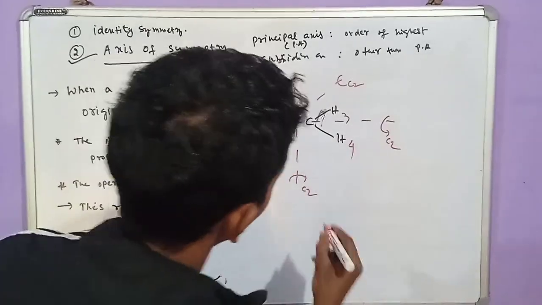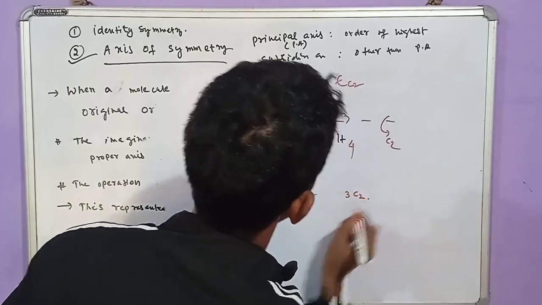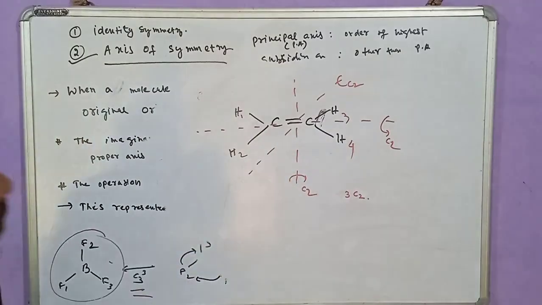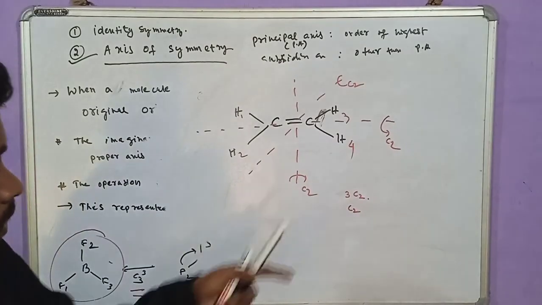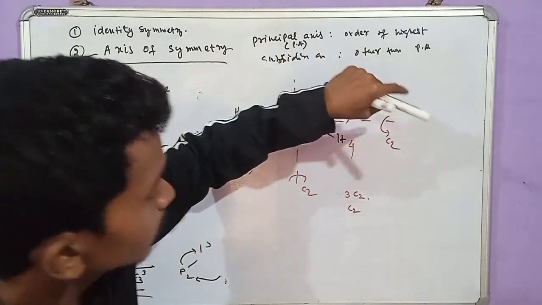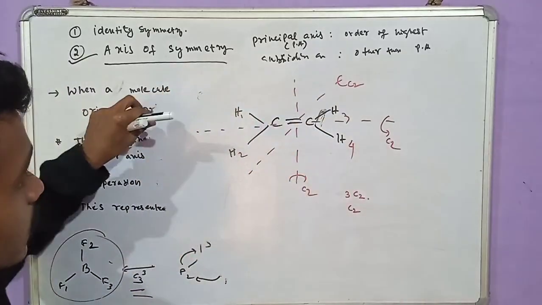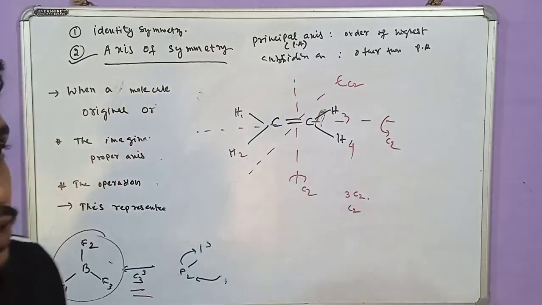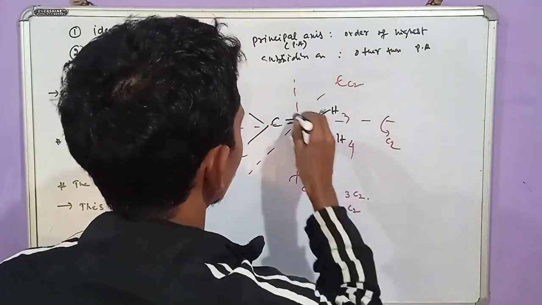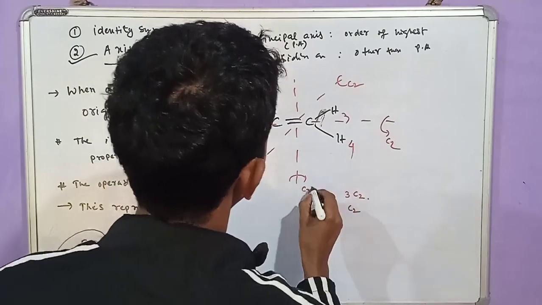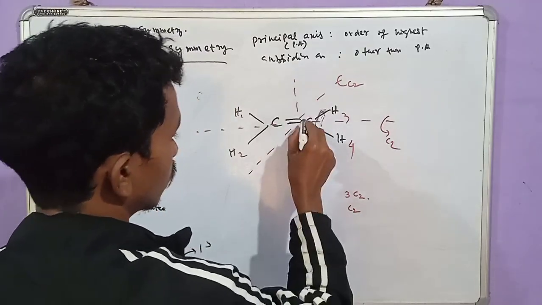Okay, so how many C2s are there? 3 C2 are present here, and here the principal axis is also C2. So if the orders of the axes are the same, then the axis which passes through more atoms is called the principal axis. This is also C2, this is also C2, but this C2 passes through no atoms, it passes through bonds.